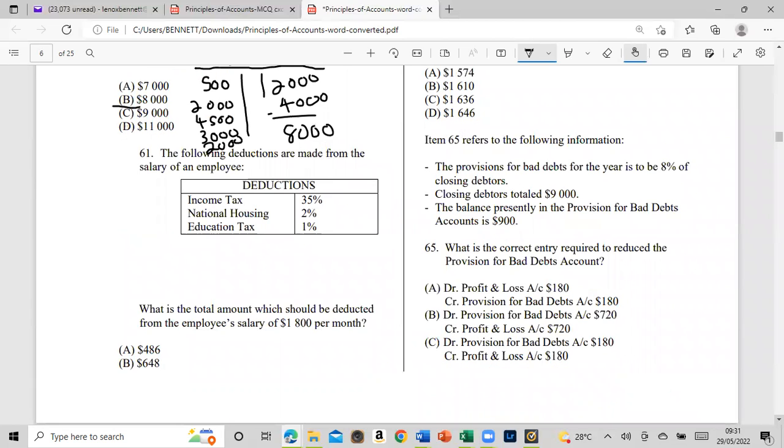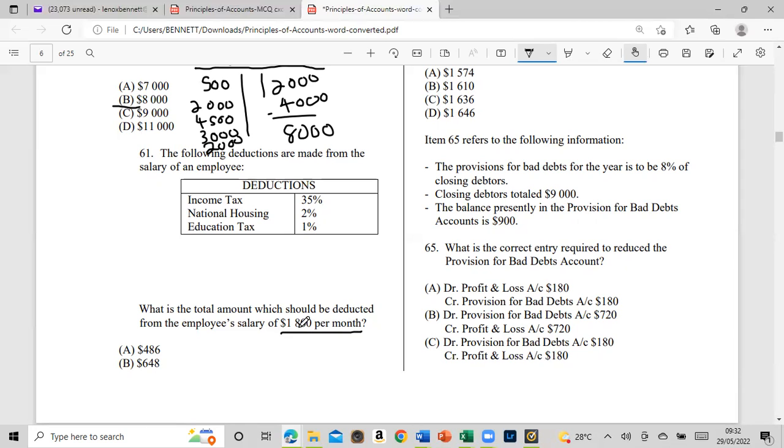Alright. The following deductions are made from the salary of an employee, and it says income tax is 35%, national housing 2%, and education tax 1%. Can you believe teachers have to pay education tax after we're giving so much to education? Yes, it's very unfortunate. All right, anyway, it says what is the total amount that should be deducted from the employee's salary of 1,800 per month.